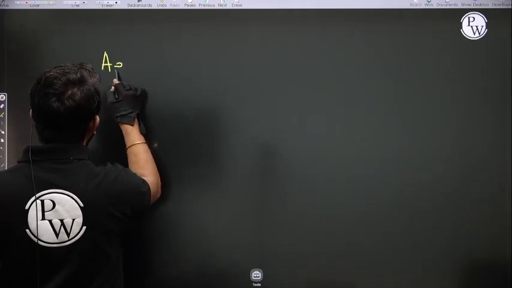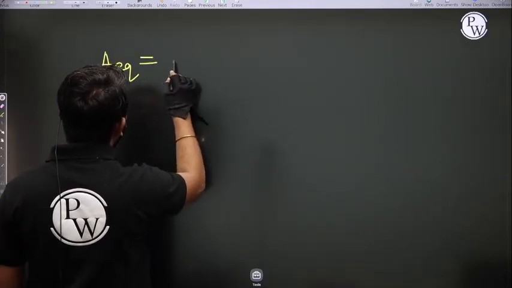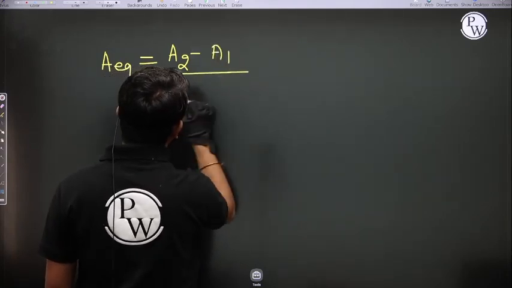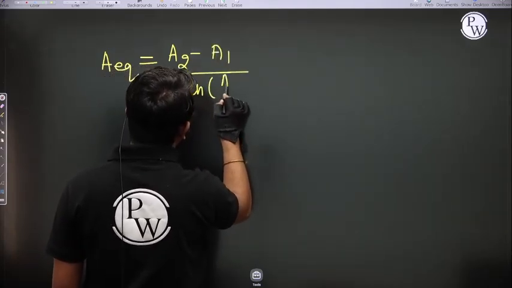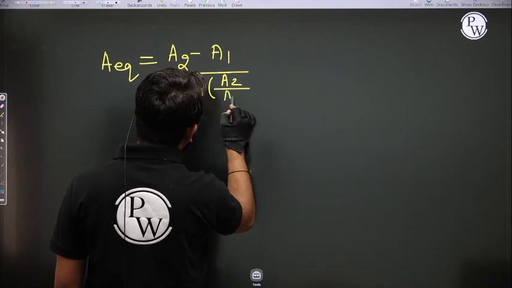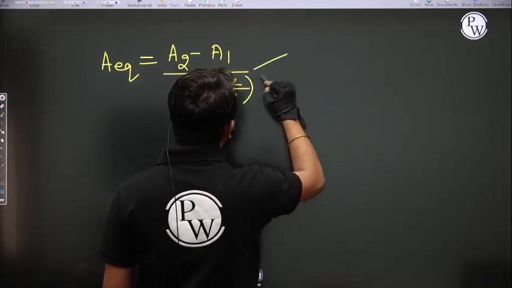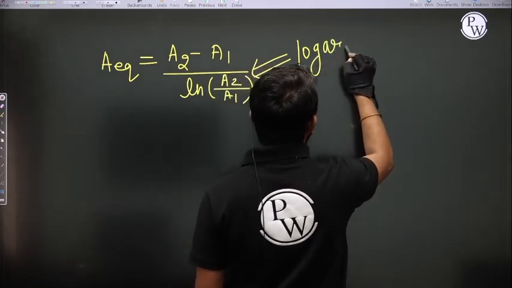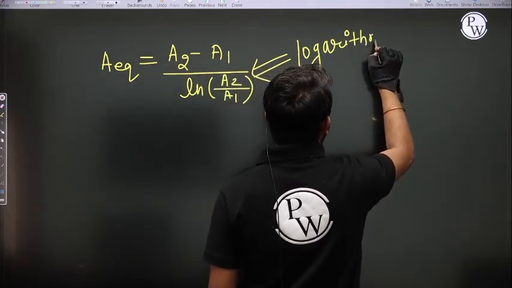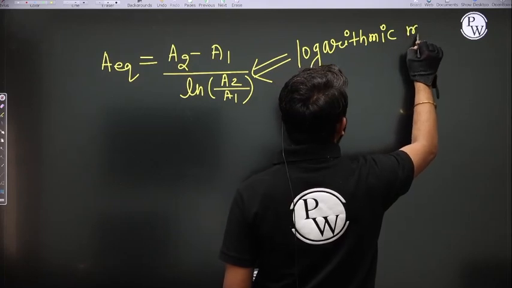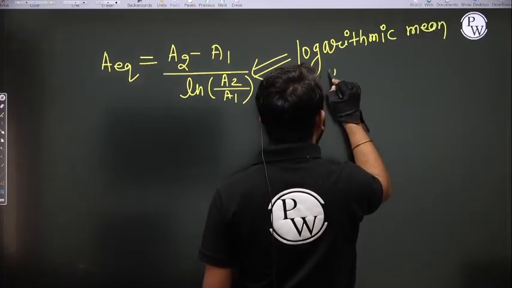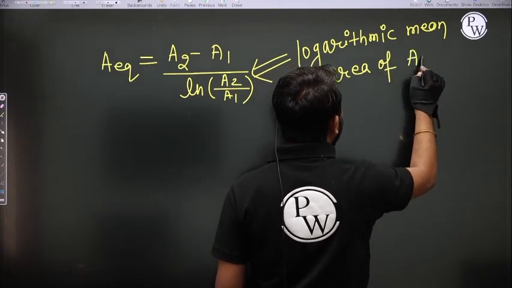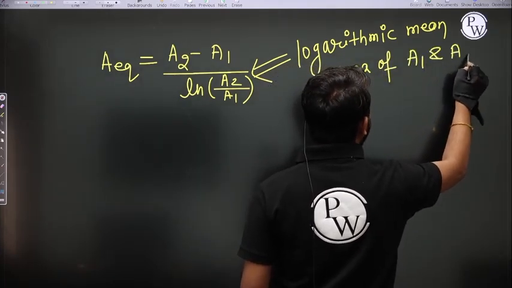And in the case of the hollow cylinder, this equivalent area is (A2 minus A1) divided by ln A2 by A1. This is the logarithmic mean area of A1 and A2.